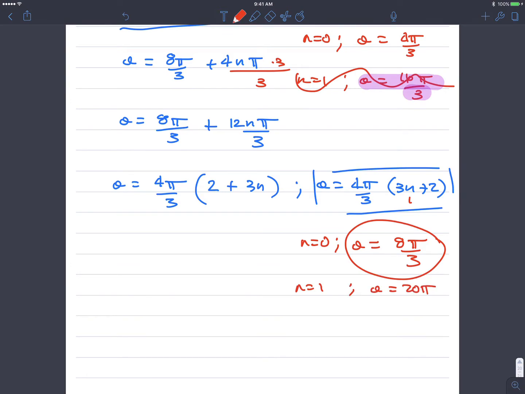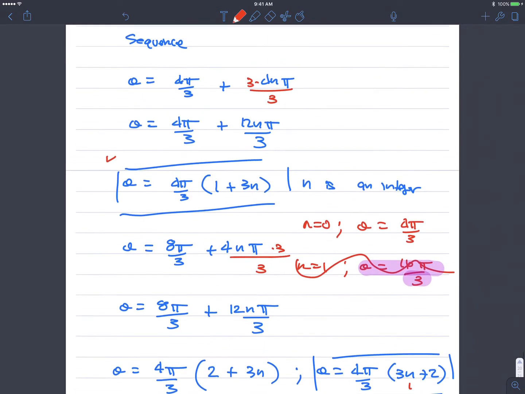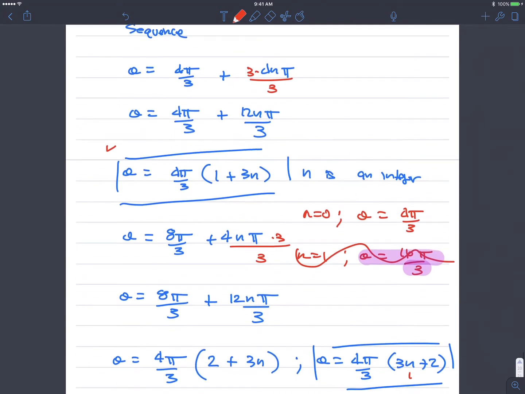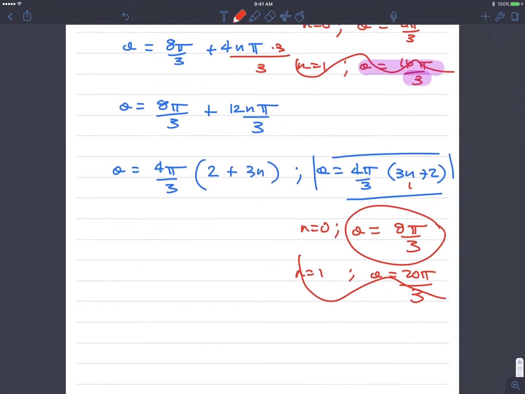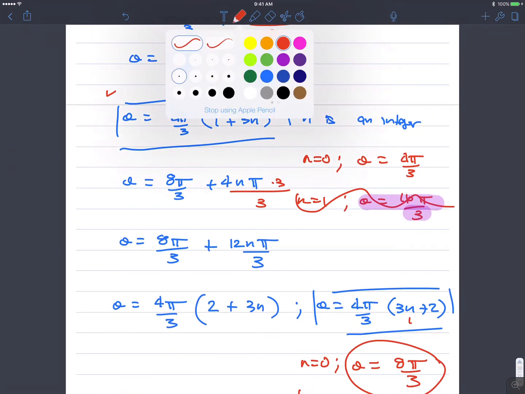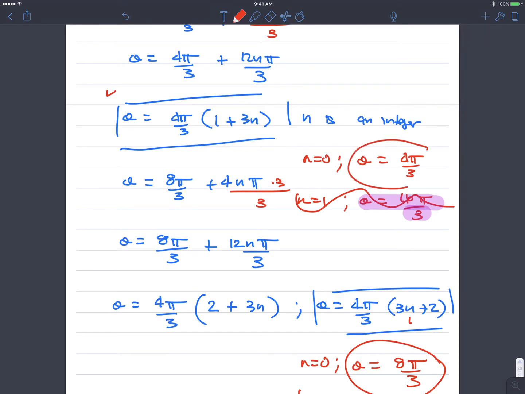What do we do with that solution? We throw this out. Anybody know why we throw it out? Because the restricted domain is what? 0 to 2 pi. So here's your two solutions, like we thought it would be. 4 pi over 3 and the 8 pi over 3. Okay, let's emphasize that. Anyway, good job.